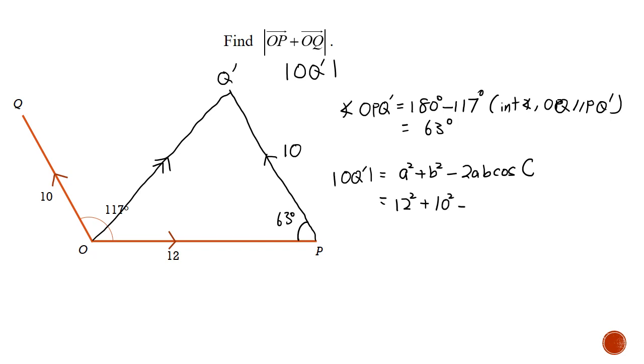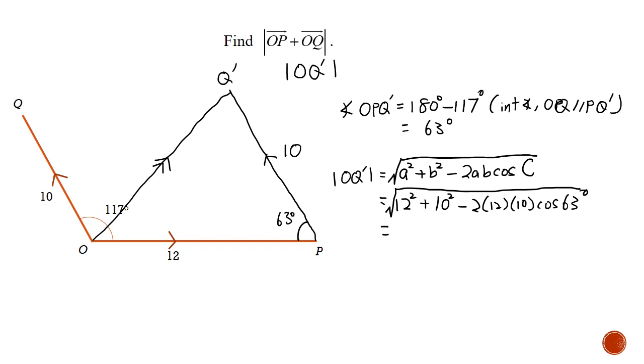And the value of C will be equal to 63 degrees. And after finding that, do remember to square root. And this will give us the answer 11.6 units corrected to 3 significant figures.